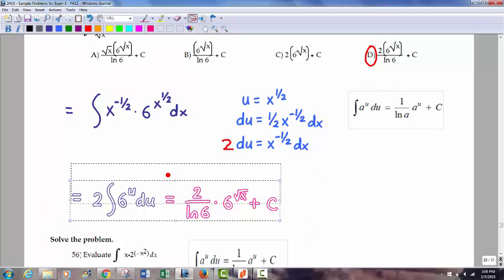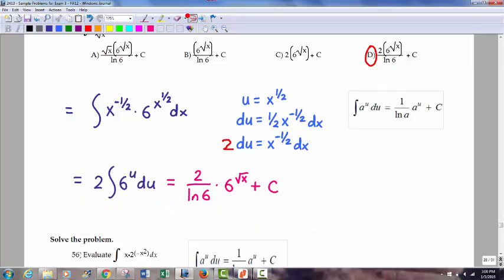So you have 2 du and you have 6 to the u du, so you follow that formula. Like I said, the only difference between this and e is we have that 1 over ln of 6, but like I said before, if it was e, this would work because ln of e is 1 and you have e to the u.